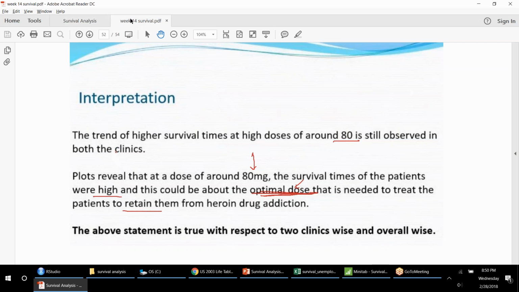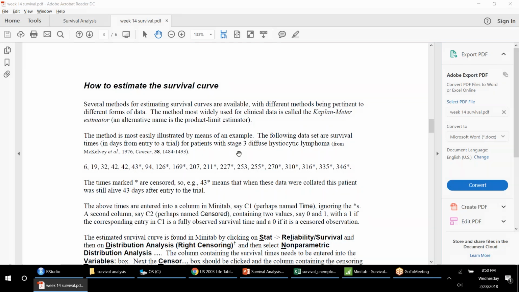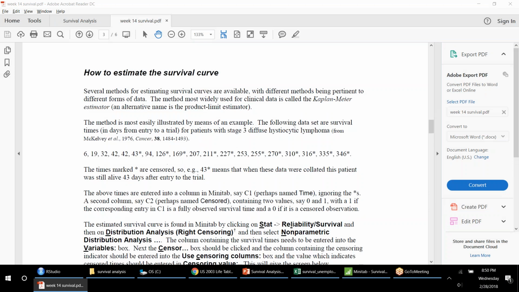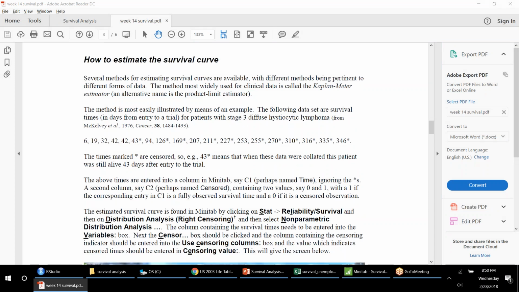Right? Now let us look into a few case studies. Here we are going to use Minitab, and after this we are going to look into R. The example that we are seeing is how many patients have survived.